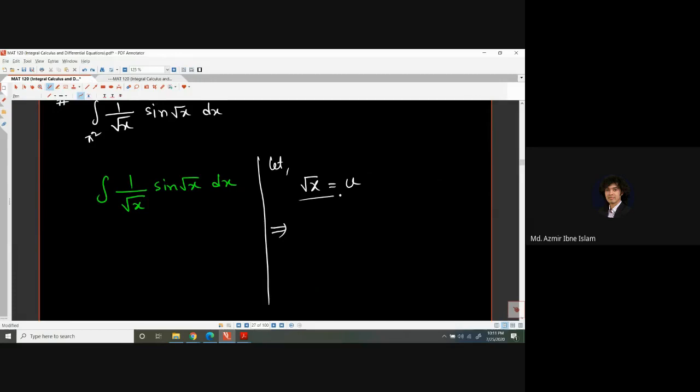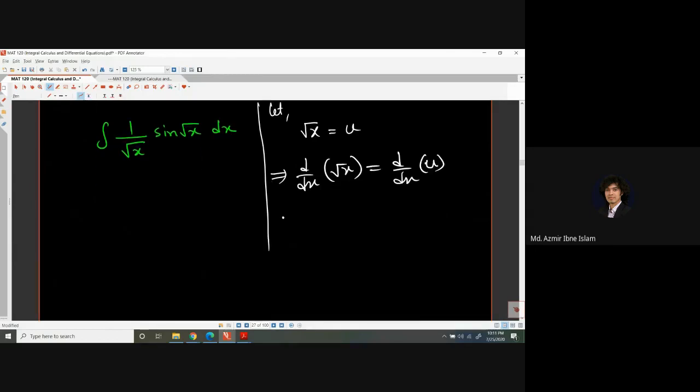So here we have already considered root x as u. Now we differentiate both sides. The differentiation of root x is 1 over 2 root x.